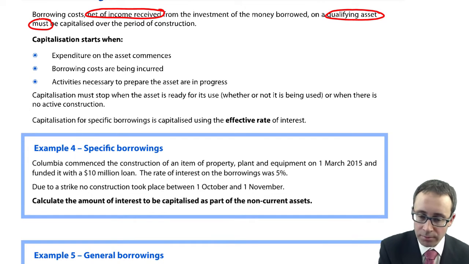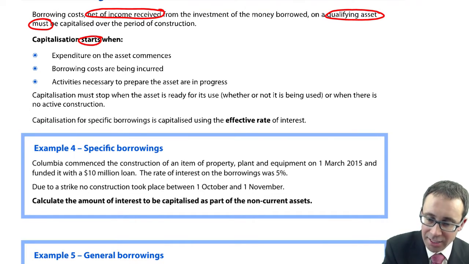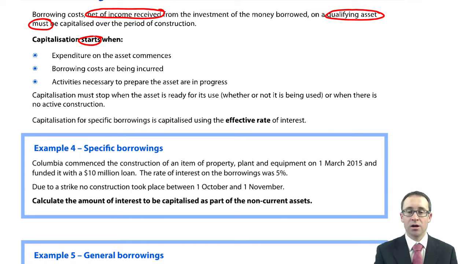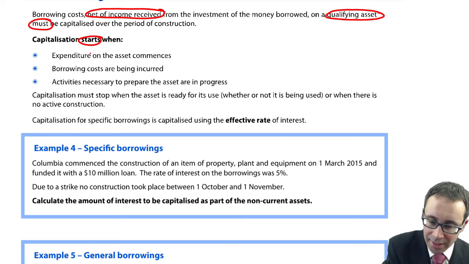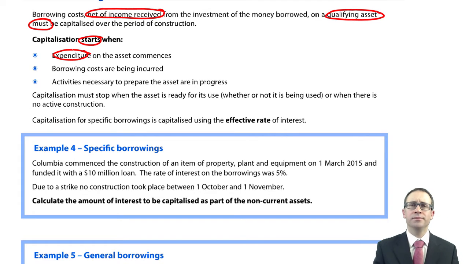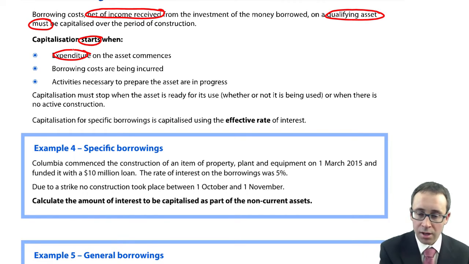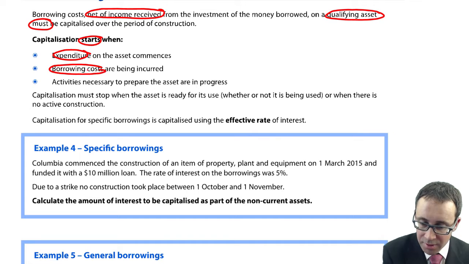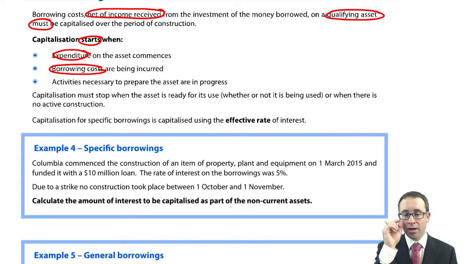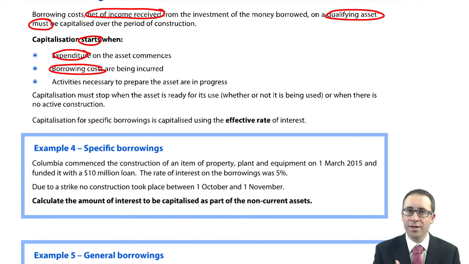So first of all, we look at when capitalization starts. Again, it's fairly logical. Capitalization starts when there is expenditure. So you are buying the materials, you are incurring expense with regards to the labor force. It goes without saying that there are borrowing costs being incurred, because if there's no borrowing cost, there is nothing to capitalize.